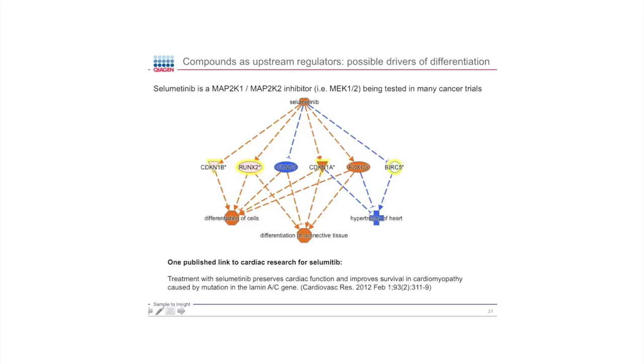So that can imply that maybe you could add this compound and drive the differentiation of the cells. That'd be a kind of experiment you could go to the lab and actually try. There is one published link to cardiac research of this compound.